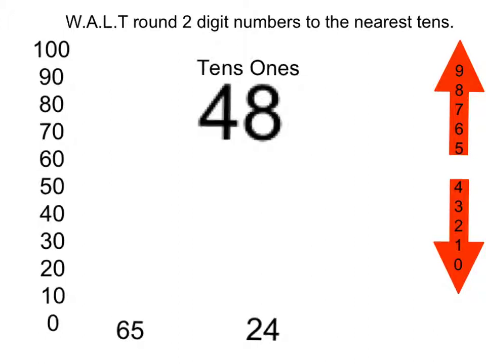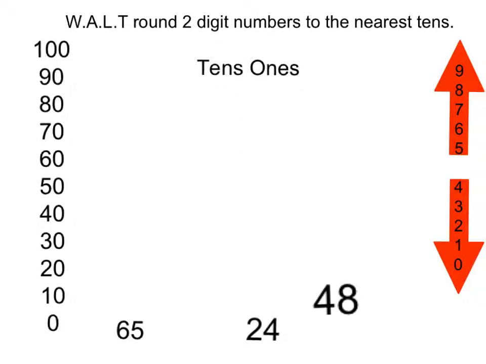As you can see, 8 is in the ones column, so we must round up. Now if we look at this arrow pointing down, we have the numbers 0, 1, 2, 3 and 4. So if the number in the ones column was 4, 3, 2, 1 or 0, we would round down.